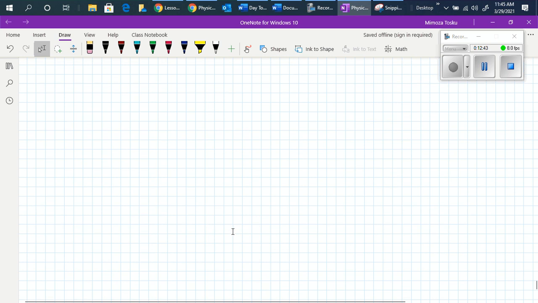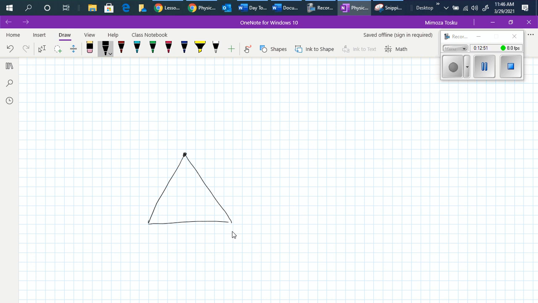Another question that you should be able to do is you are dealing with an equilateral triangle. So 1, 2, and 3. Q1 is positive 5.80 times 10 to the power of negative 6 coulombs. Q2 is positive 6.20 times 10 to the power of negative 6 coulombs.